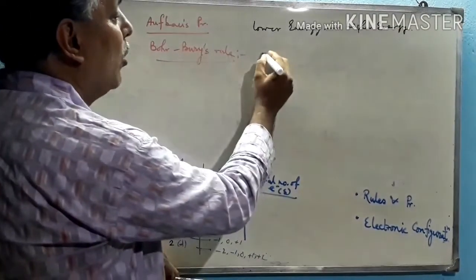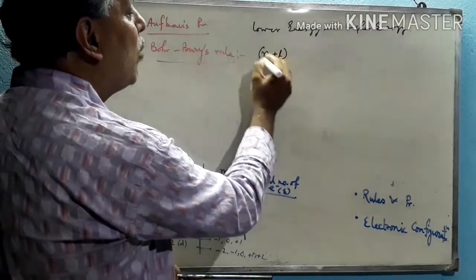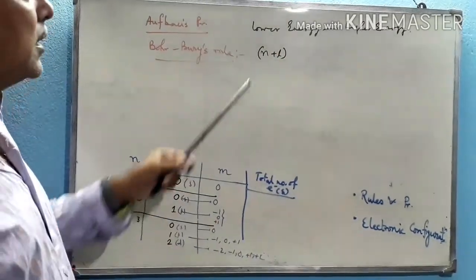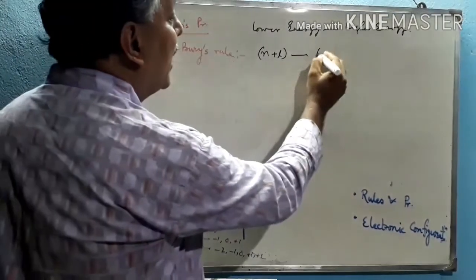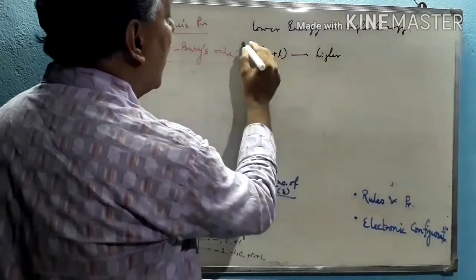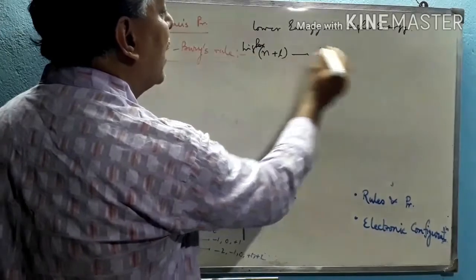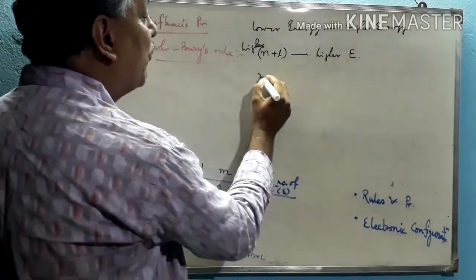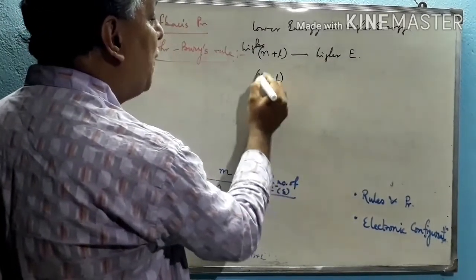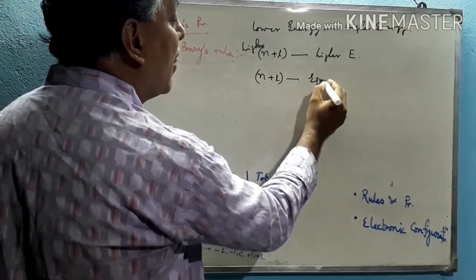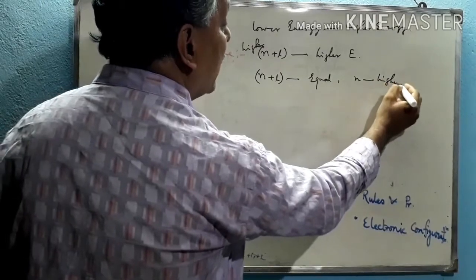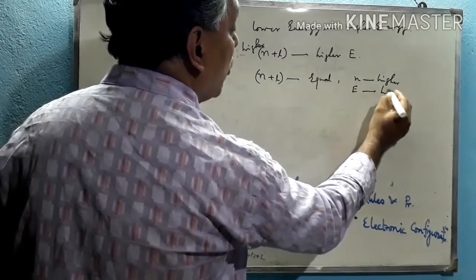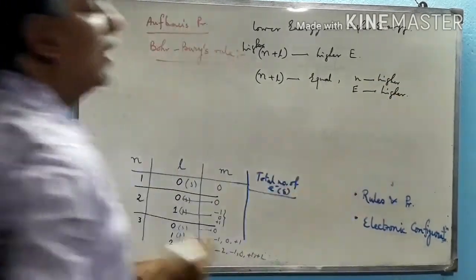According to the Bohr-Bury rule, the higher the value of n plus l, the higher will be the energy. If for two subshells the n plus l values are equal, then the higher the value of n, the higher the energy.